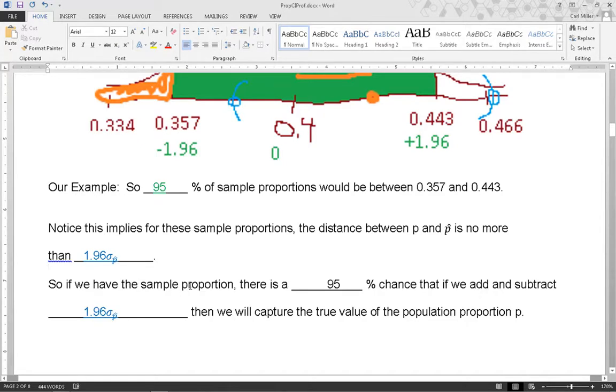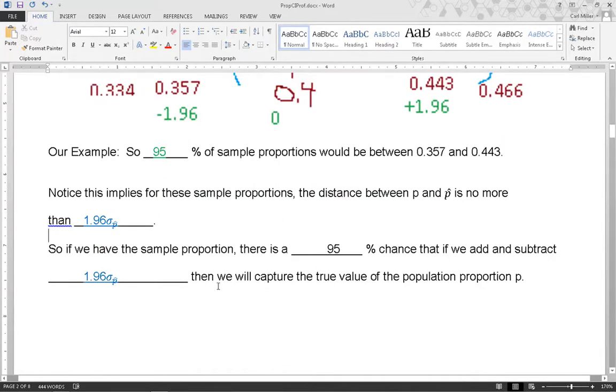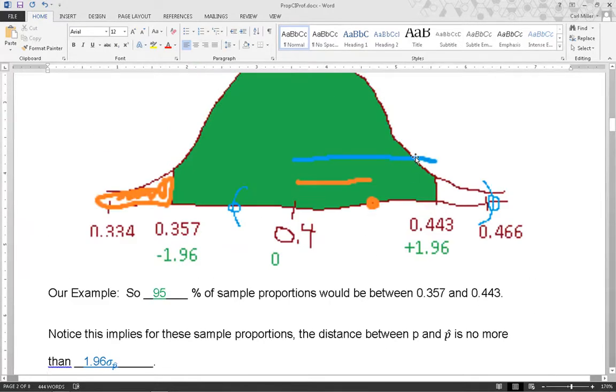So if we have the sample proportion, P hat, there's going to be a 95% chance that if we just add this distance, that 1.96 sigma sub P hat, that blue length, we're going to capture the value of the proportion if we start at P hat and add and subtract this blue length. So for this orange dot, if I subtract, I'm going to be down here somewhere, and if I add, I'm going to be up here somewhere. And notice the endpoints from this lower limit to this upper limit do capture the value of the population parameter.